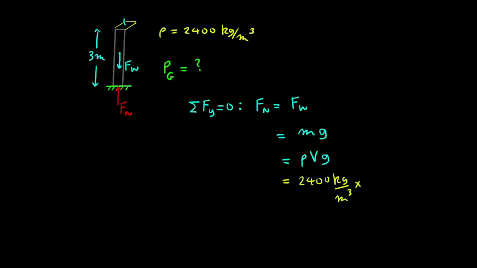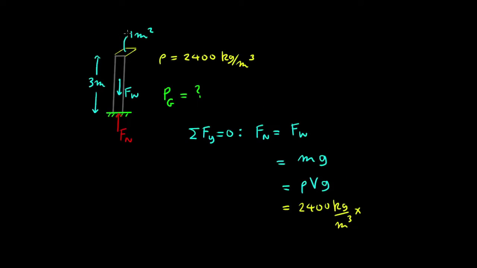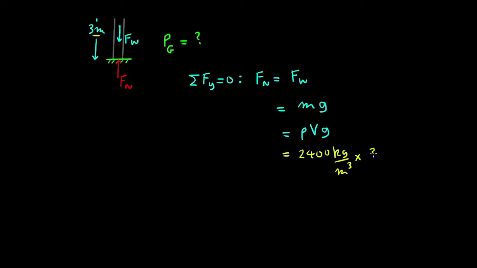And the volume of the column, well, we're given the area and the height. So area times height gives me 3 meters cubed. And the gravitational acceleration is 9.8 meters per second squared, which we'll approximate as 10 meters per second squared.